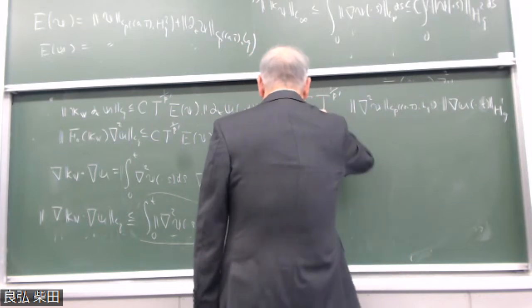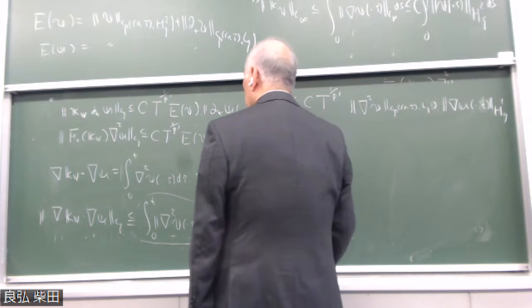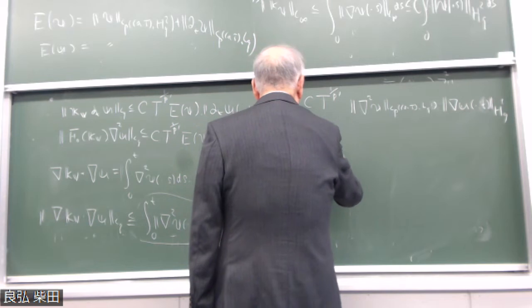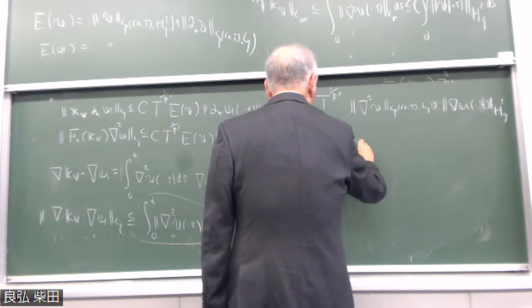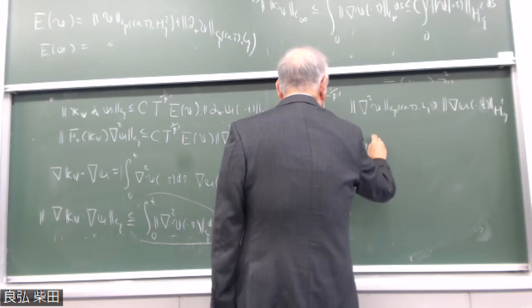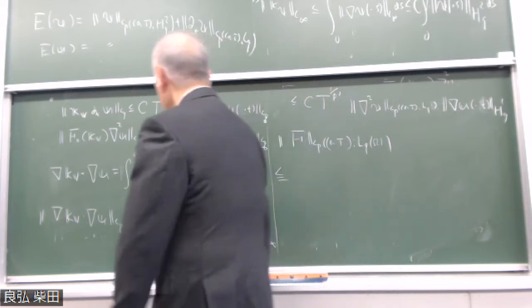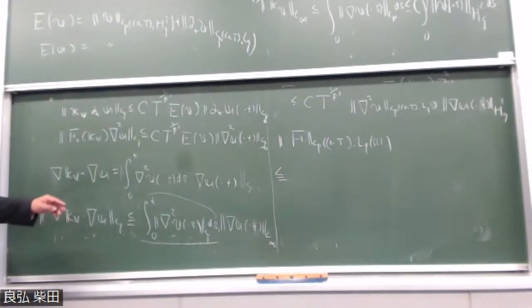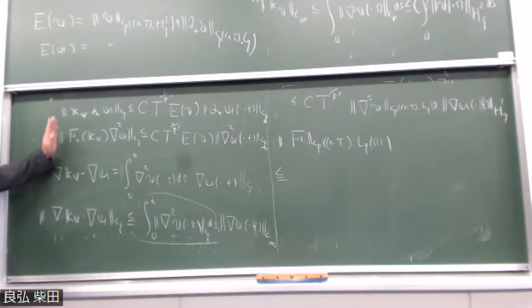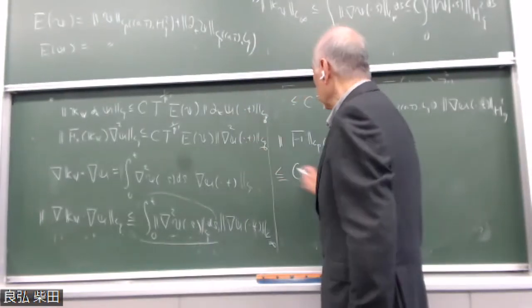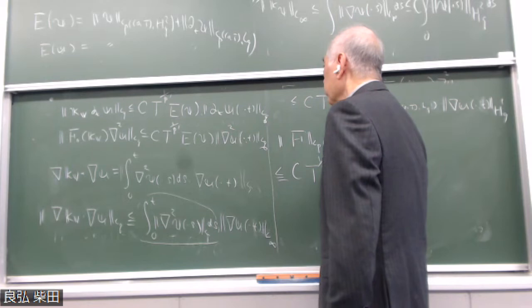Then now we take the LP norm in time. So you take the LP norm in time. Then T is here only. So constant times T to the P prime ED.